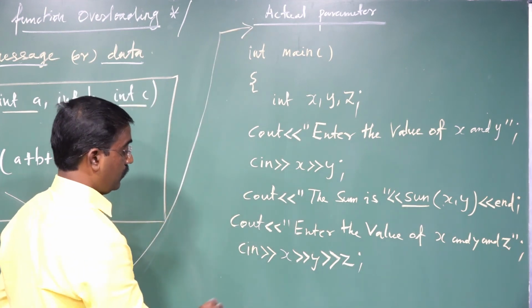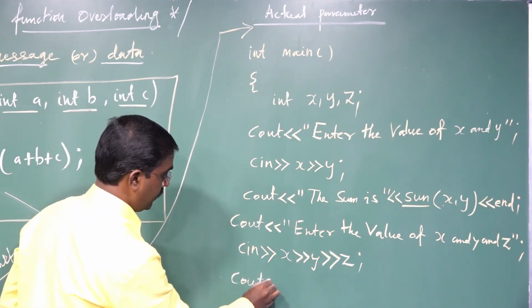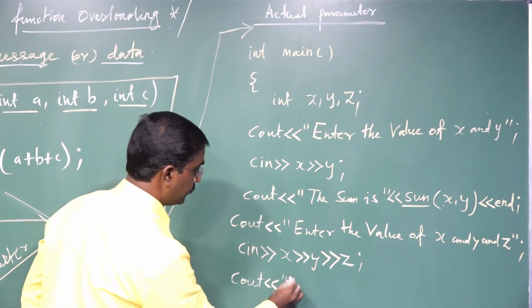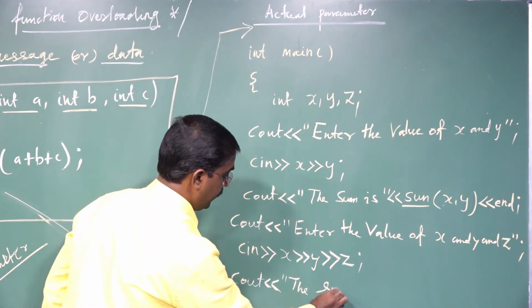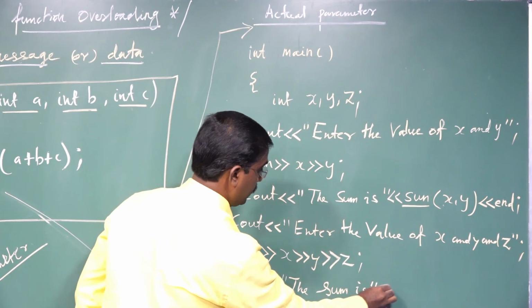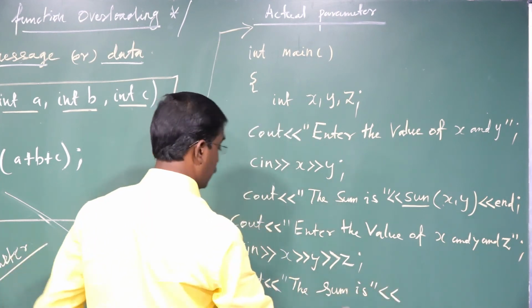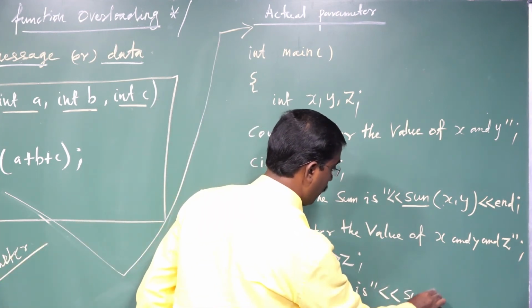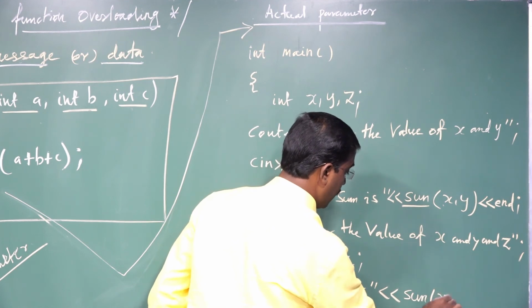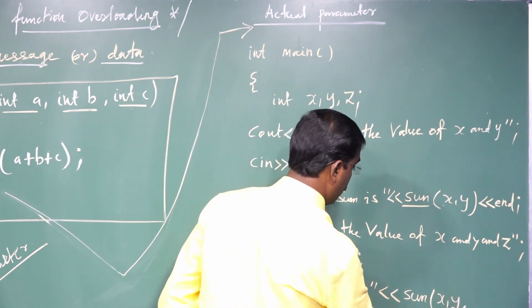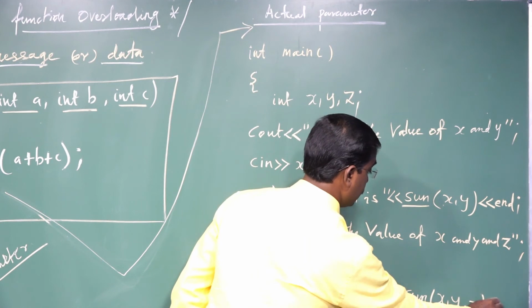Now we want to show the output. Cout: the sum is. Here the same function name sum of x comma y comma z, endl is not necessary.